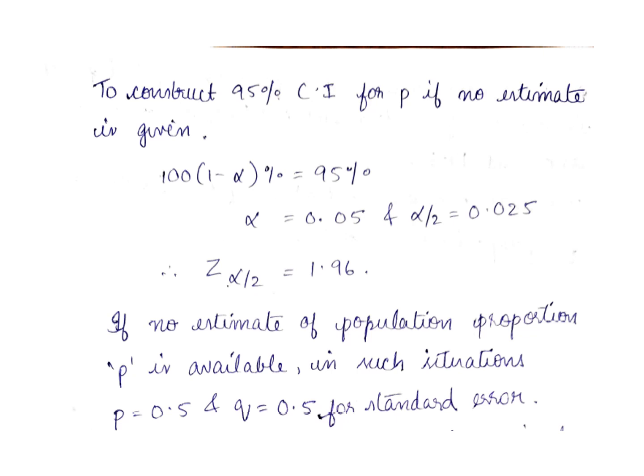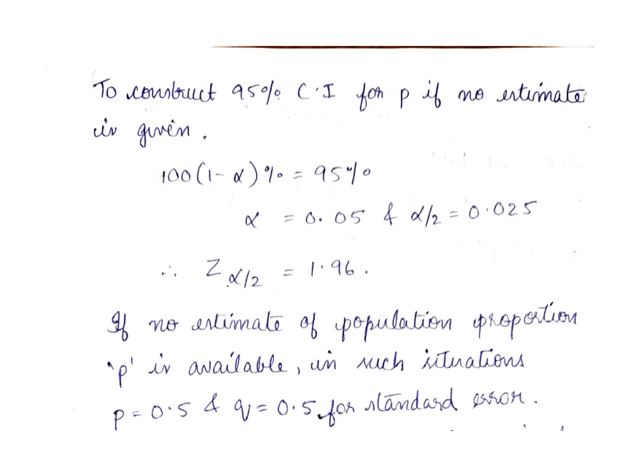Now we move on to the last part. To construct 95% confidence interval if no estimate is given. If no estimate is given, what we are going to do is we have to assume P and Q should be equal to 0.5. So 100 into 1 minus alpha percentage is equal to 95%.